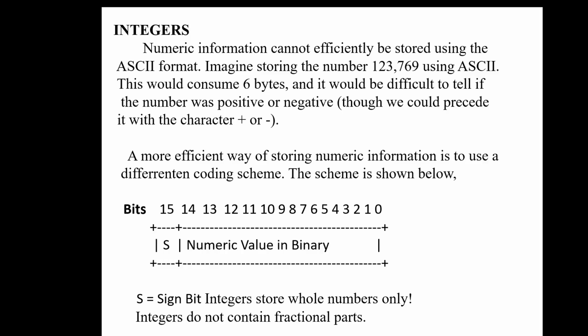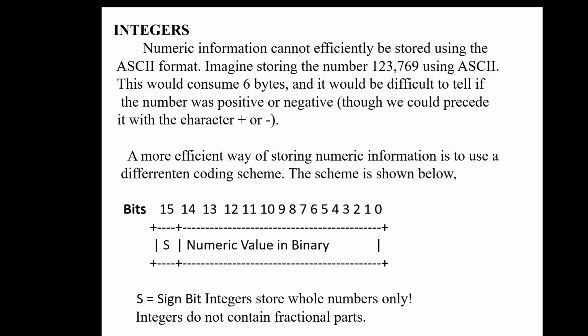The coding scheme is shown below, and this is called the sign bit representation. In a group of 2 bytes, in the sign bit representation, the 15th, or the most significant bit, is set aside to signify the sign.